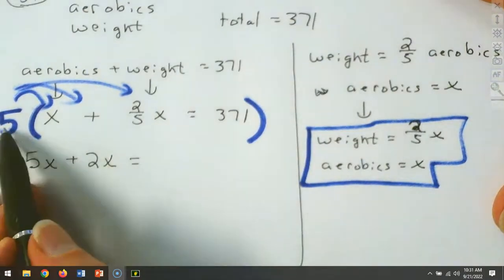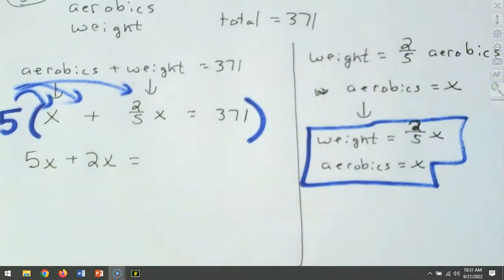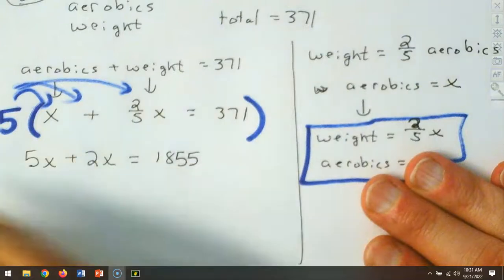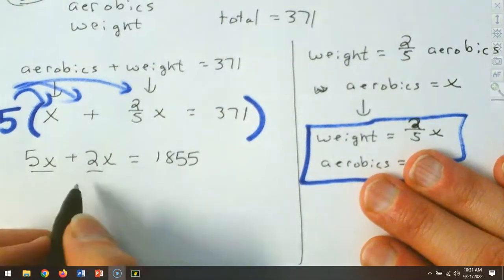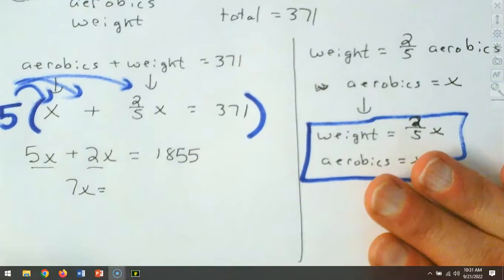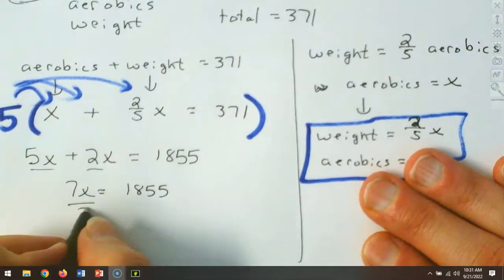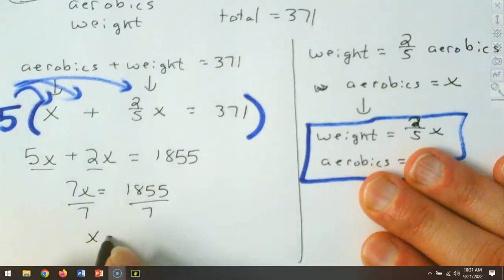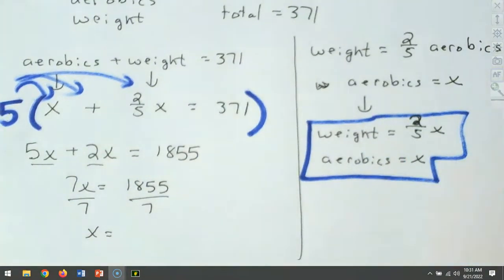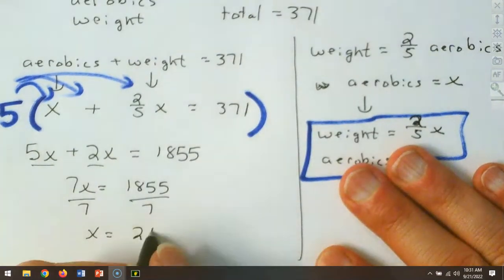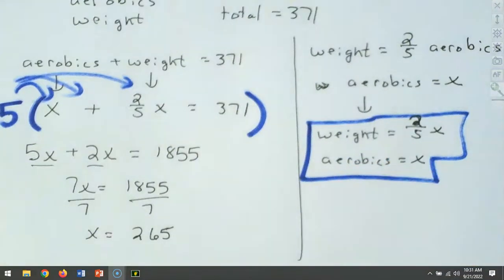And do not forget, 5 times 371, you have to do that. 5 times your 371, well, that's 1855. Those can go together, giving you 7x equals now 1855. We'll divide by our 7. And that gives you x equaling now 265.